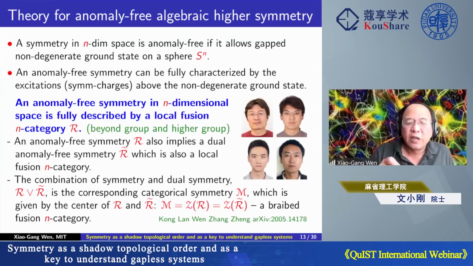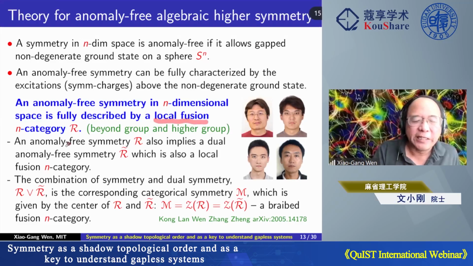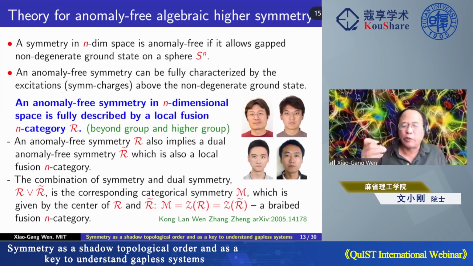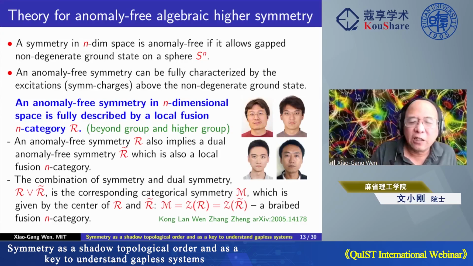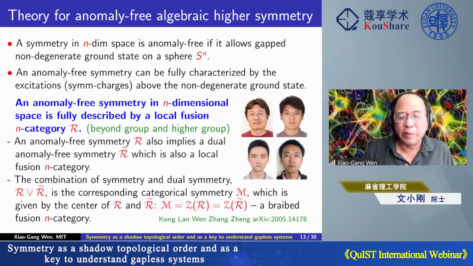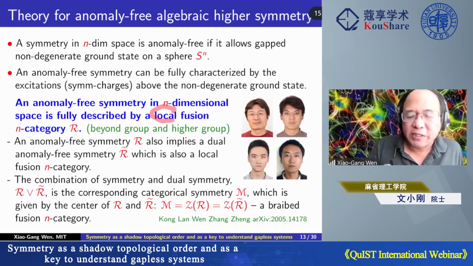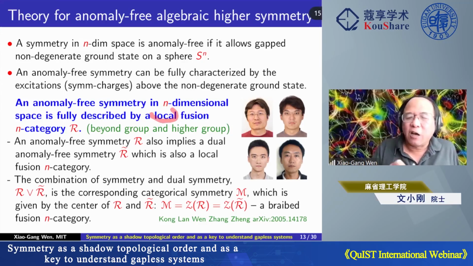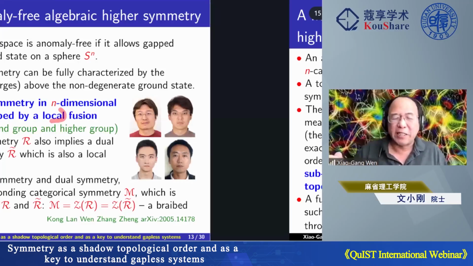No, only the local fusion n-category describes a symmetry. So it is only the local fusion n-category that replaces a group and a higher group. It's a mathematical foundation for anomaly-free symmetry. But what does local mean? Using this holographic picture, we can explain local very easily.